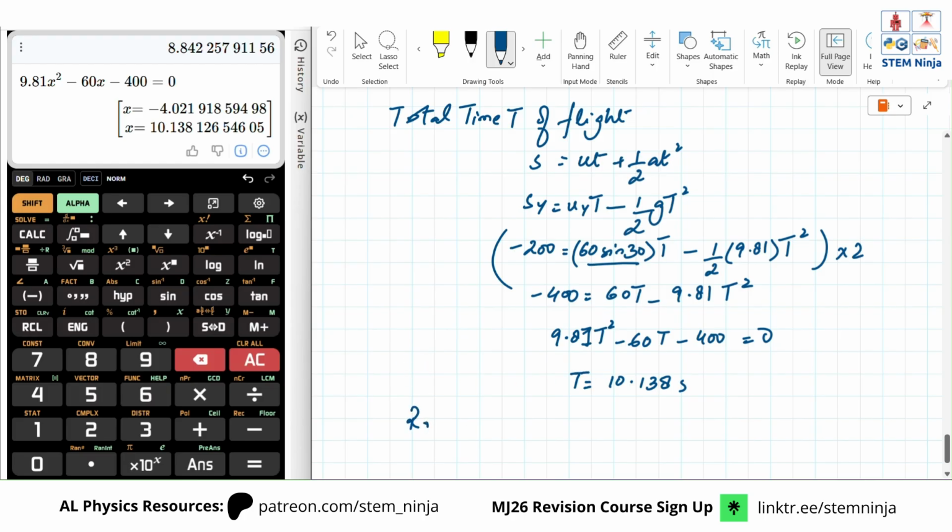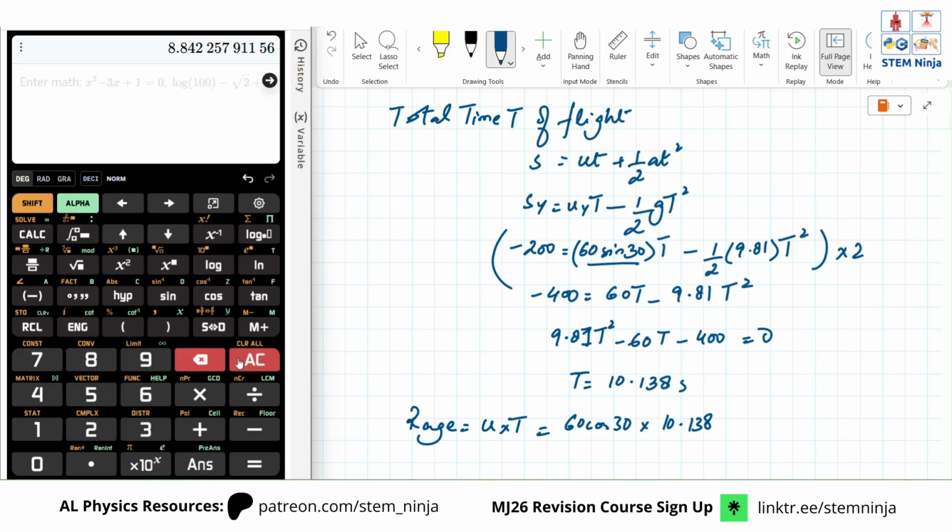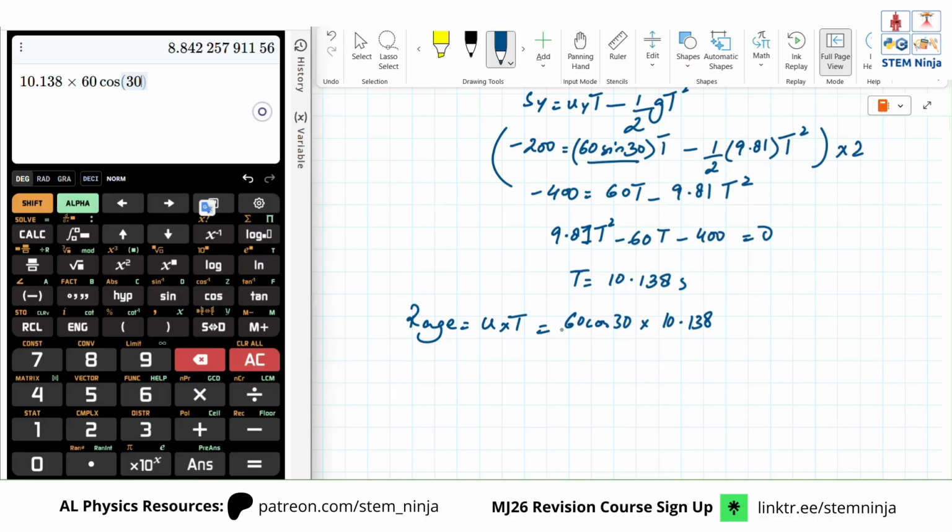So now we can find out the range. This would be ux times t. So 60 cos of 30 times 10.138. So 10.138 times 60 cos of 30.